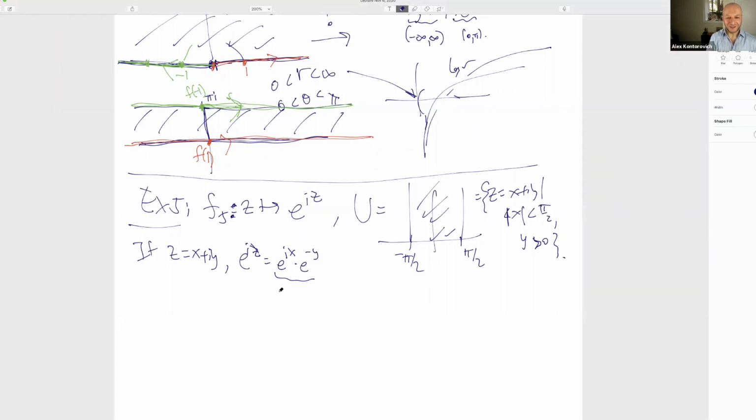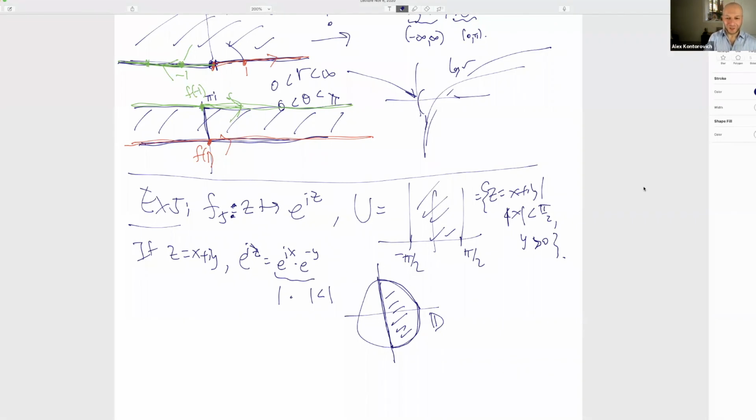The whole thing in absolute value is less than 1 because I have an e to the minus y and y is positive. So I'm going to be inside the unit disk. And my argument goes from minus pi over 2 to pi over 2, from here to here. Does everybody see that? You just read it off.